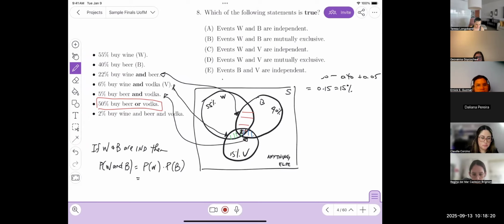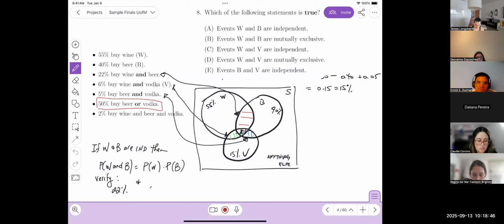And so you check if this is true. What's W and B? Do we have that? We have W and B. Wine and beer is 22%. And what's W?